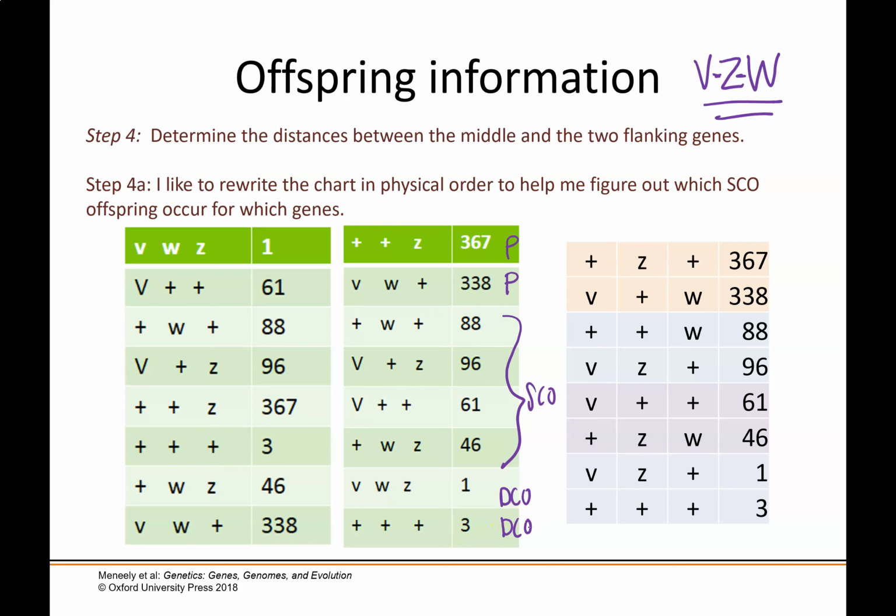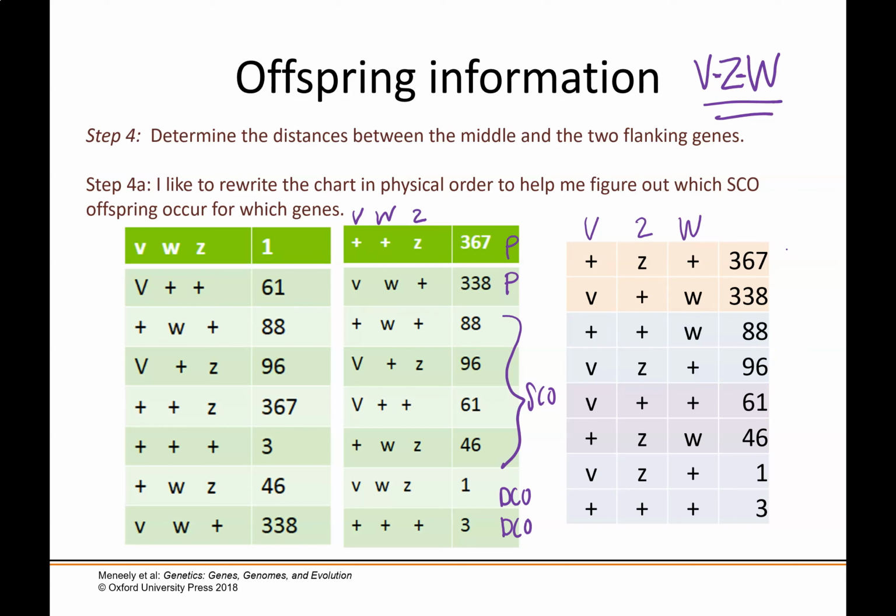You can leave it in any form that you want to. You will notice that they have left it in the order that is presented, which was VWZ. I personally like to rewrite my chart in the order of our genes, so in the VZW order and in order of least to greatest.